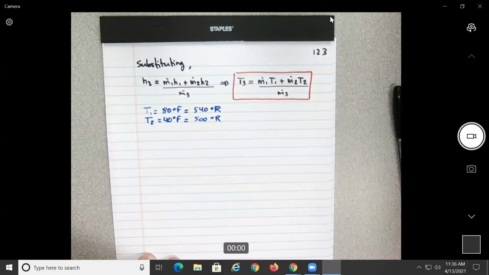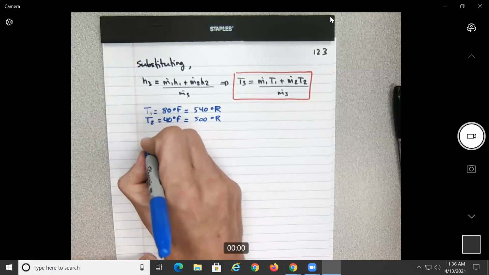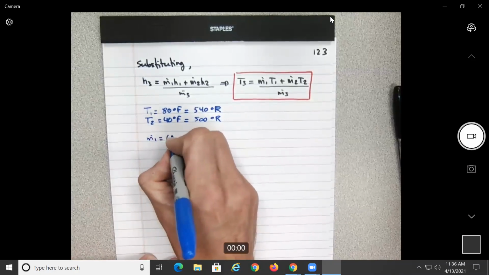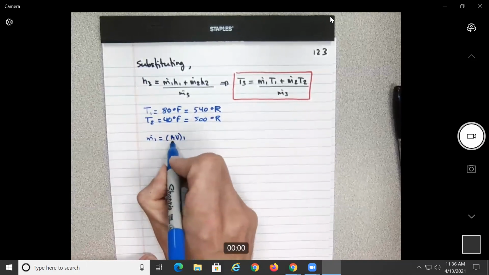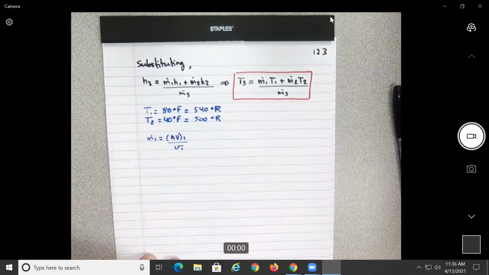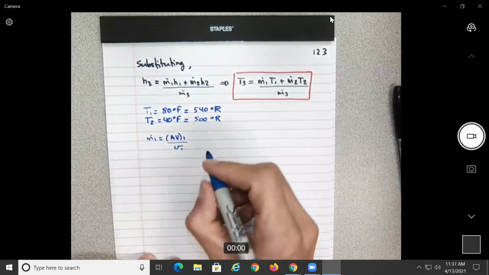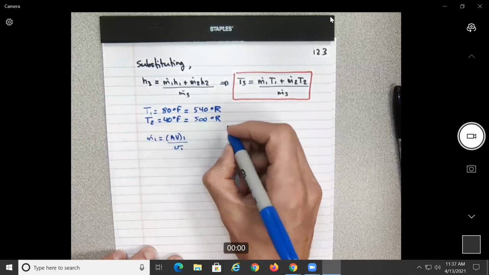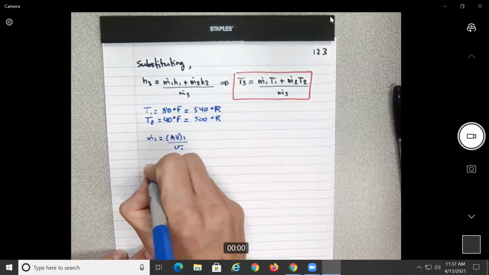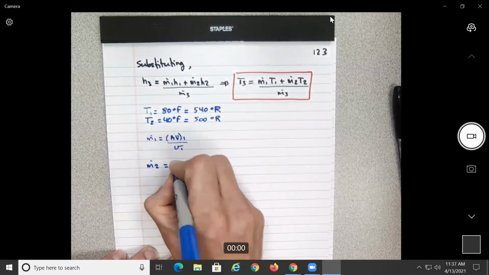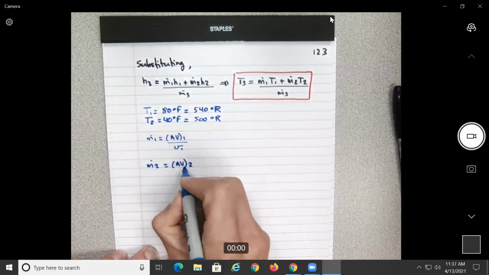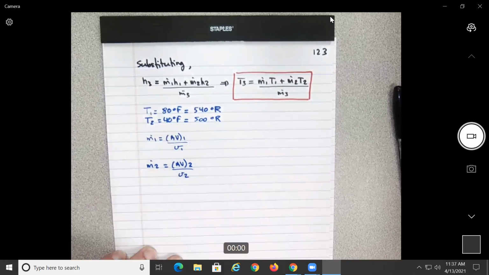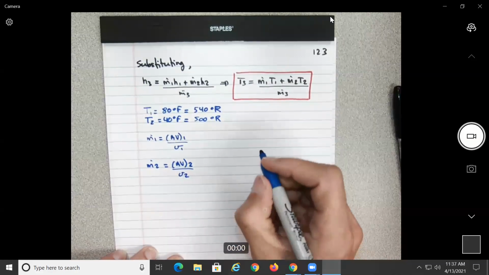Then what do we know? We know that M1 is equal to A V1 divided by the specific volume, and basically the same for M2, which will be equal to A V2 divided by this one. And then what else do we know?